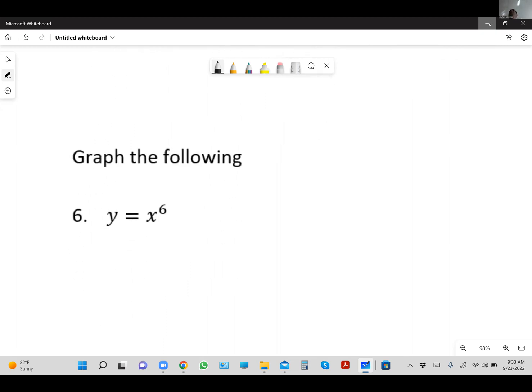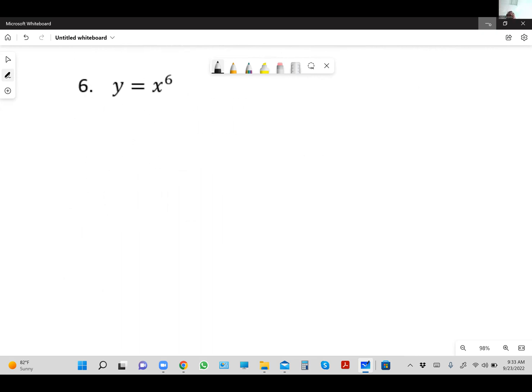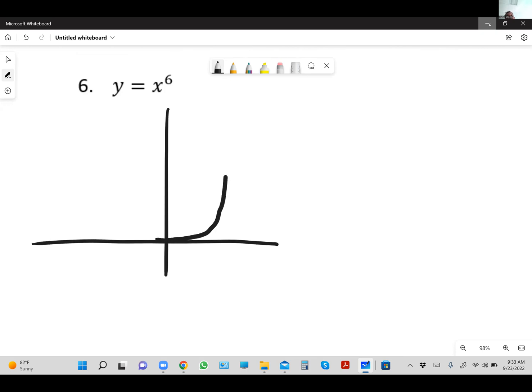All right, let's continue. Again, the test is going to be very similar. If you were to graph this one, it's going to look something like this. This is an ugly graph, but on the test, you make an X and a Y axis.